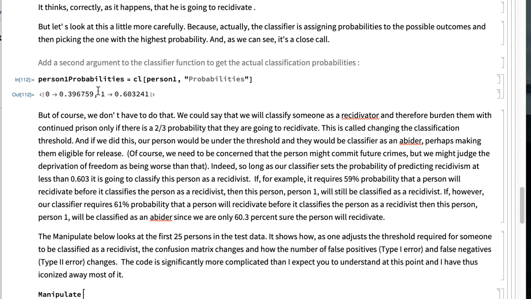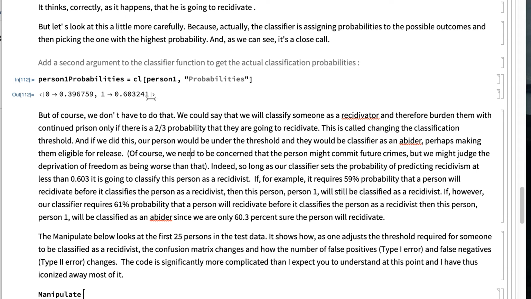If we're using a preponderance of the evidence standard, we would say that this person's going to recidivate. But there's no absolute requirement that we use a 50-50 standard. We could decide to act as if the person is going to be law-abiding unless we're 2/3 convinced that they're going to recidivate.